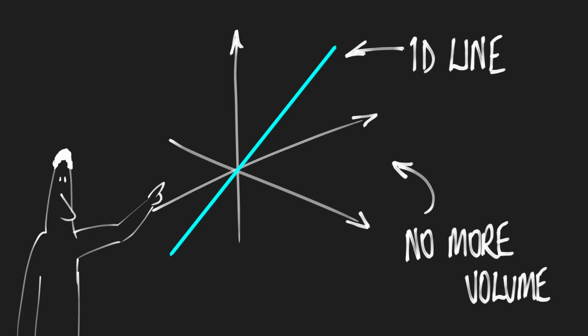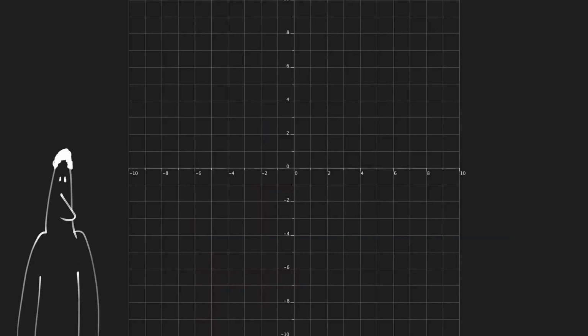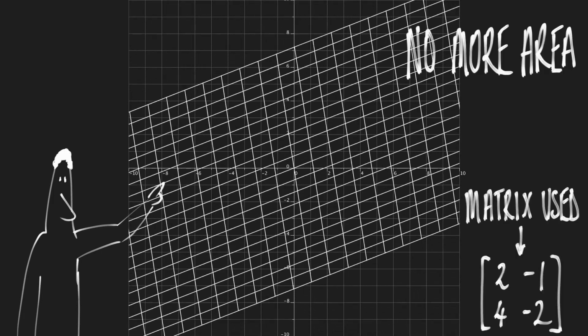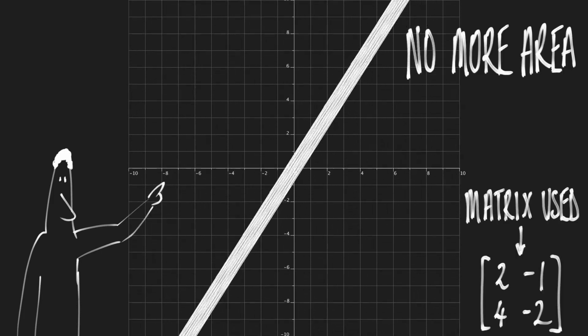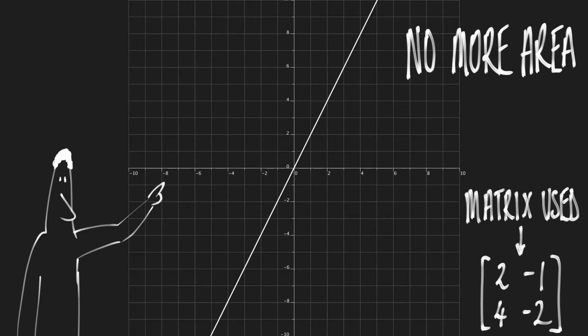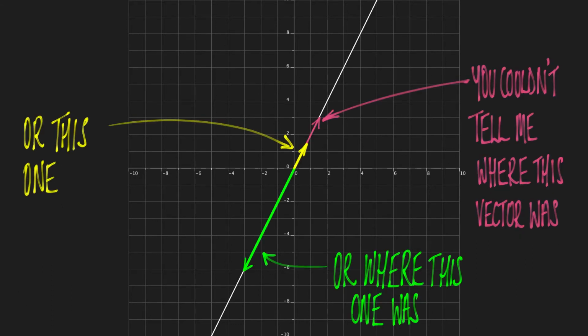And the same goes for if we're starting in two-dimensional space and we're dealing with area and we collapse that down to a one-dimensional line, we no longer have any area. And as we've just discussed, we can't reverse that transformation. So that tells us that the matrix does not have an inverse and is singular.